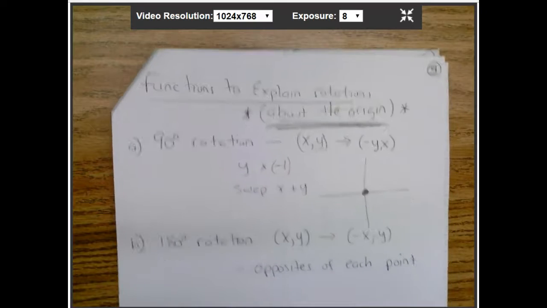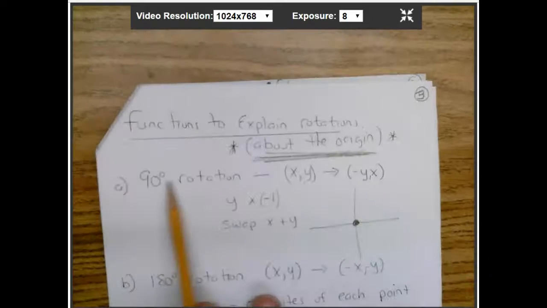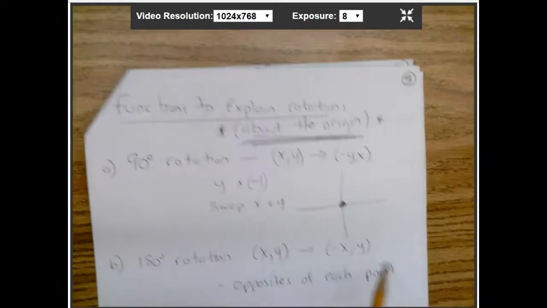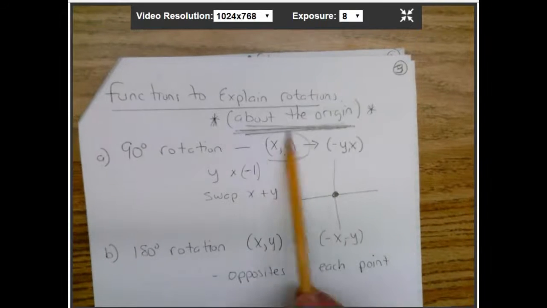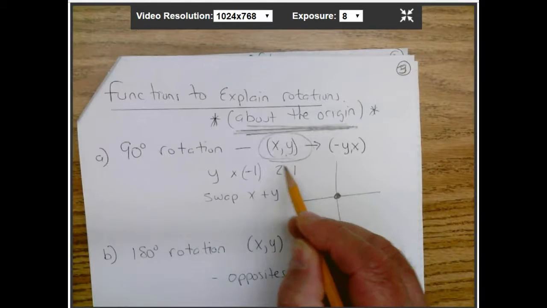So we have some specific conditions. If you want to rotate something 90 degrees about the origin, we have the original points, whatever they are. Let's say they're (2, 1).